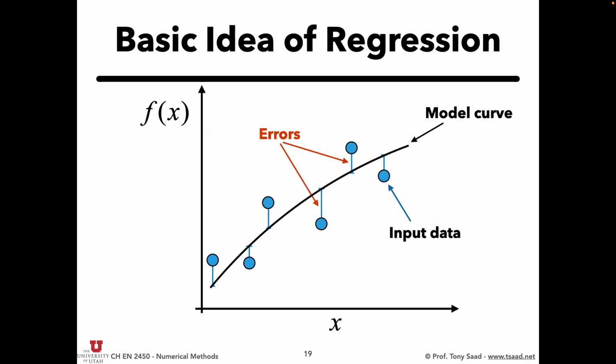And we call the distance between those data points and the curve the errors. So I want to elaborate on that a little bit. The idea for regression is to find this model curve that minimizes this distance between the model and the actual data, okay?